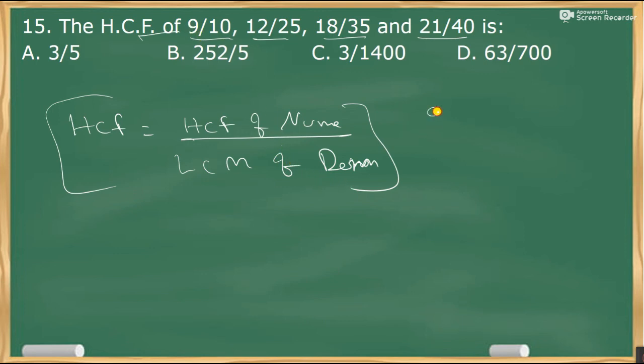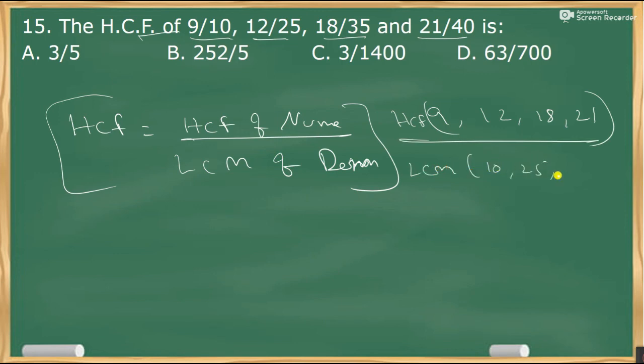So numerators we have 9, 12, 18, 21. I have to find the HCF of it. With denominators 10, 25, 35, 40, the LCM is to be found. If you see, you need not work out each and every LCM or HCF. Just go with the options. First, let me try to find the HCF. So 9, 12, 18, 21. Just by looking, I can say HCF is 3 because all numbers are divisible by 3.